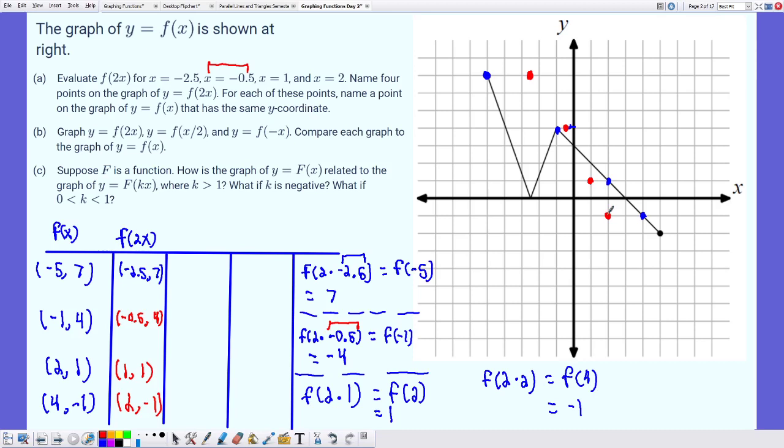Interesting. So from what it seems like, our points are being halved in their x values. We went from negative 5 to negative 2.5, negative 1 to negative 0.5, 2 to 1, 4 to 2, halving each time.